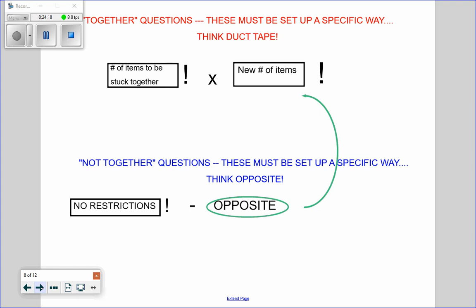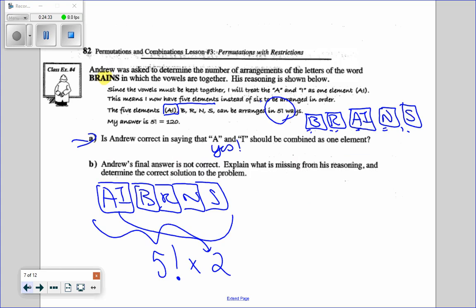If you do that, the formula to solve them will always be this. You take the number of items that you stuck together and you factorial it. Now, what is the value of 2 factorial? 2 times 1. What's 2 times 1? 2.